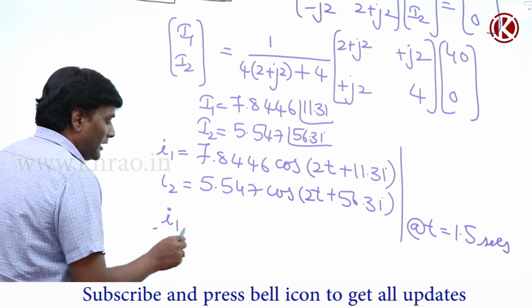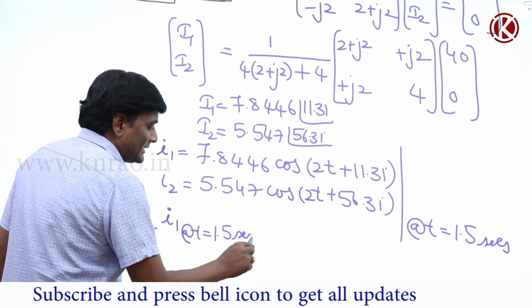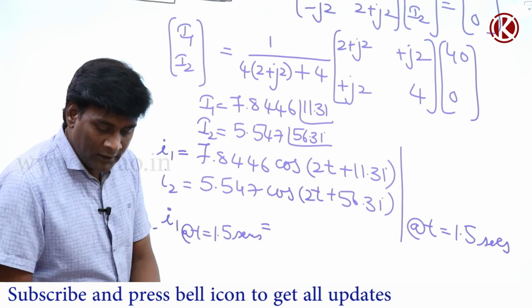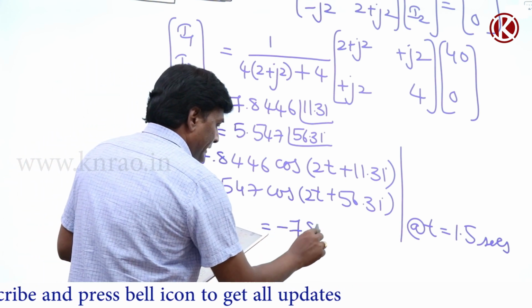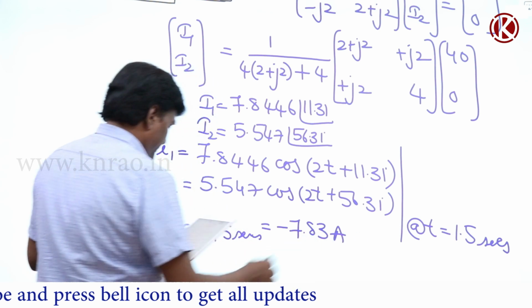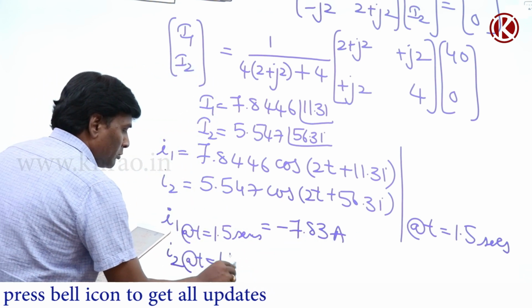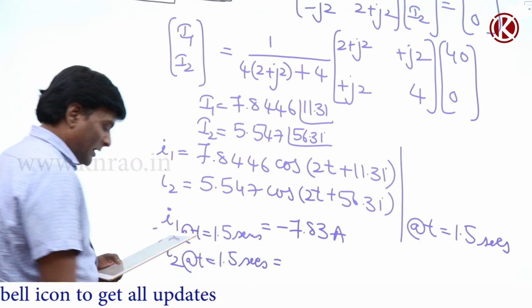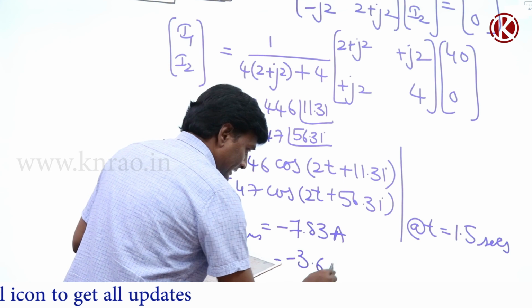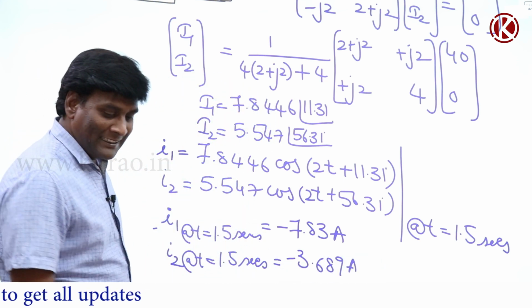If you consider I1 at t equal to 1.5 seconds, already I calculated that. I got minus 7.83 amperes, and I2 also instantaneous value at t equal to 1.5 seconds is going to be minus 3.689 amperes.